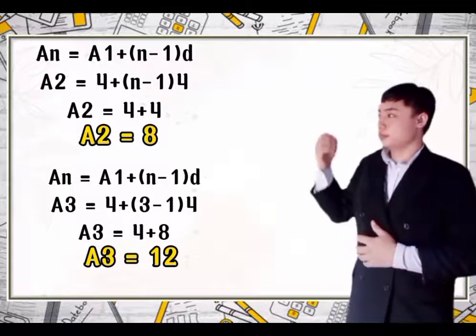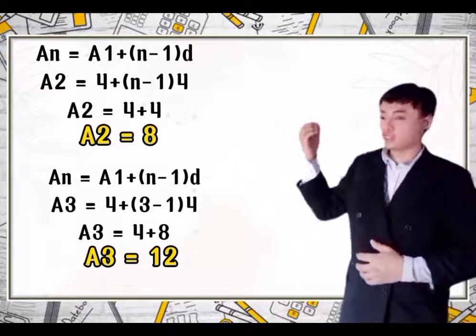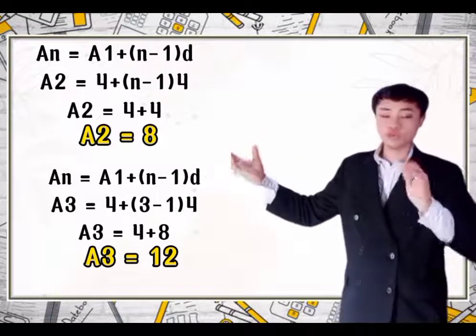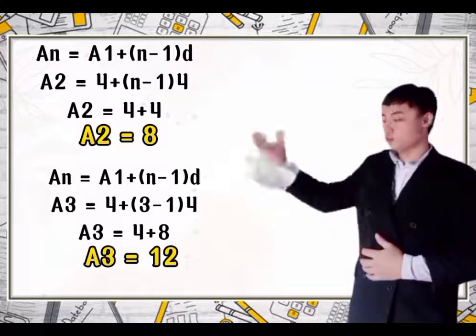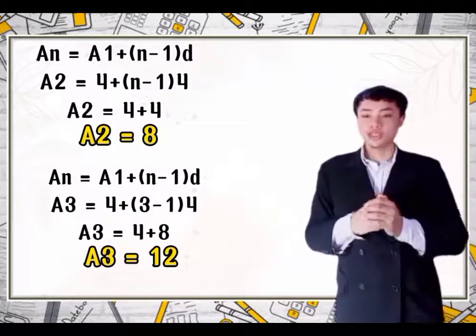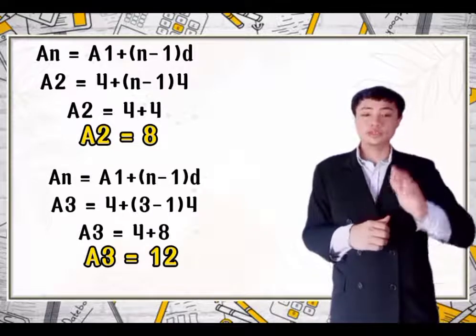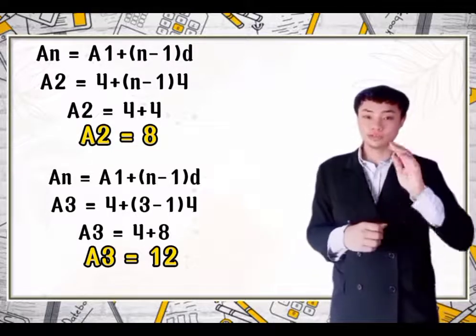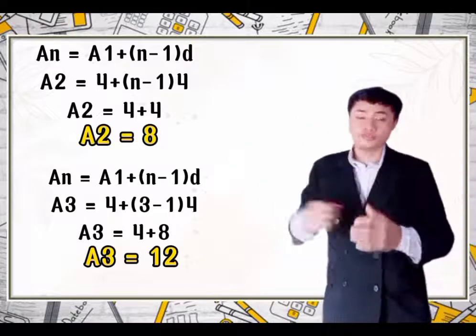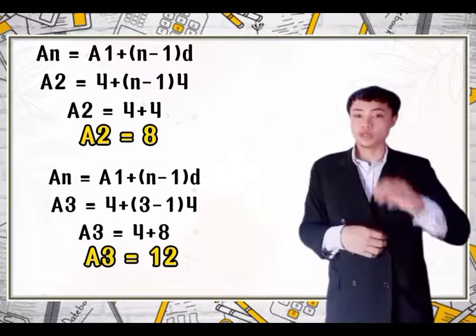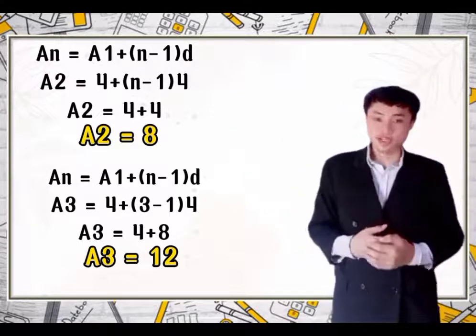So a sub 2 equals 4 plus 2 minus 1 times 4. Then 2 minus 1 equals 1, then 1 times 4 results as 4. So it becomes 4 plus 4, which equals 8. So therefore our second term is 8.